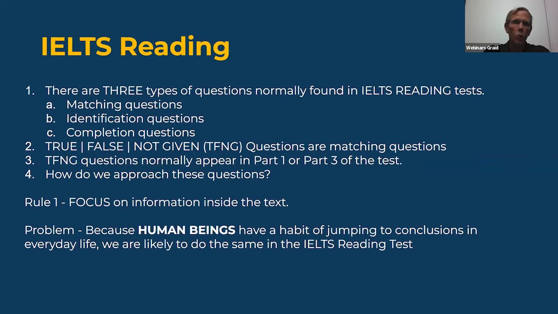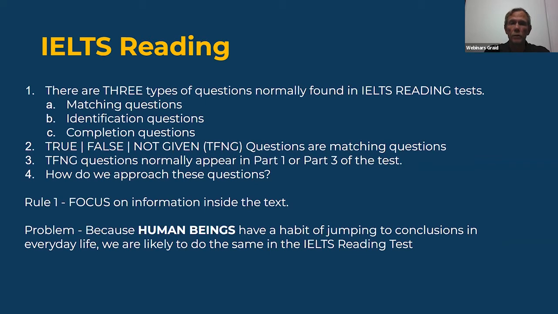The most important rule, so we call it rule number 1, really is to focus on information inside the text or inside the passage, something which is easier said than done. The problem is that human beings have a habit of jumping to conclusions in everyday life.